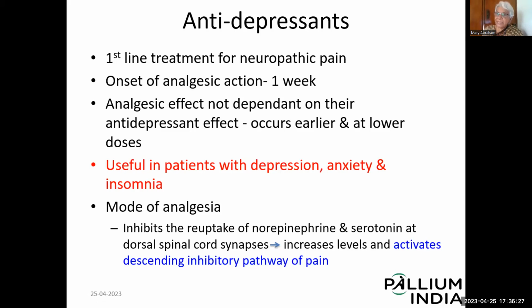So when you give an antidepressant for neuropathic pain, there is an added benefit because these patients are frequently depressed, anxious, and have insomnia. So they are very much benefited by these antidepressants. Now, mode of action, how do they act? They inhibit the reuptake of norepinephrine and serotonin at the dorsal spinal cord synapses. So they actually activate the descending inhibitory pathway.